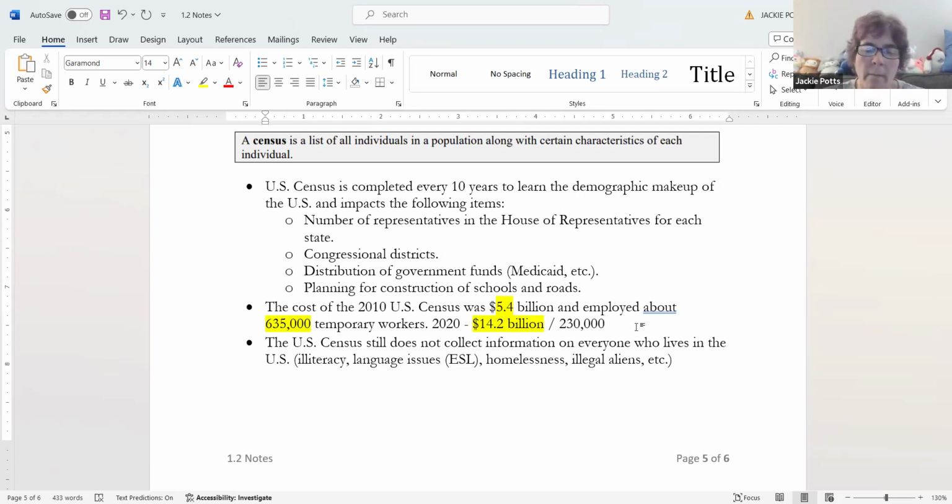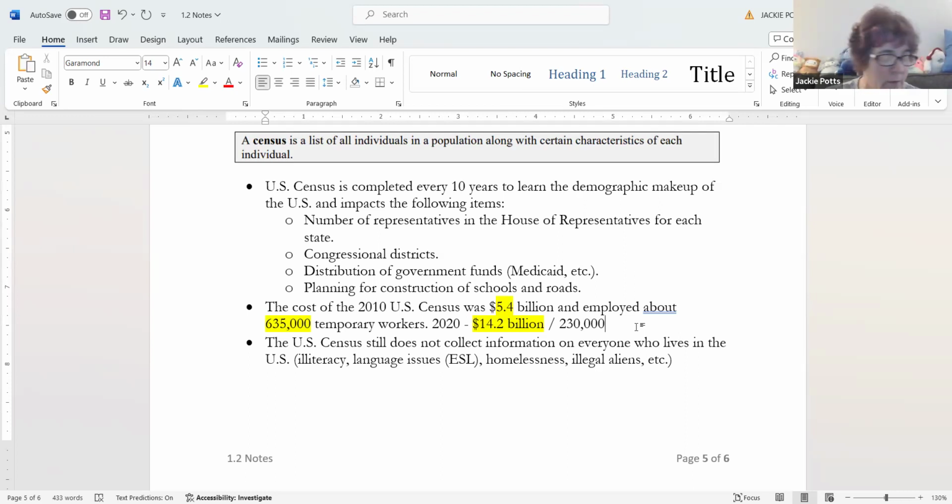But this is why when we do statistical studies, we mainly do samples. Cost. The cost of sampling is expensive enough, let alone trying to do the entire population of something. It becomes unaffordable. So we do sampling for this reason.